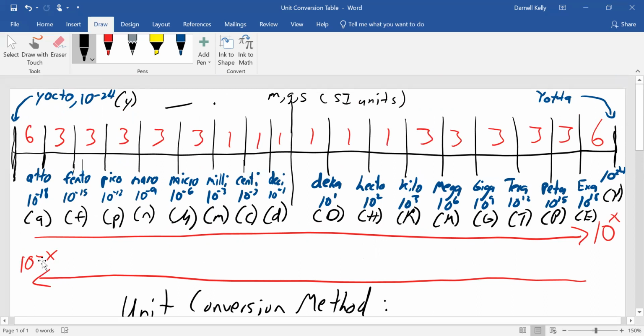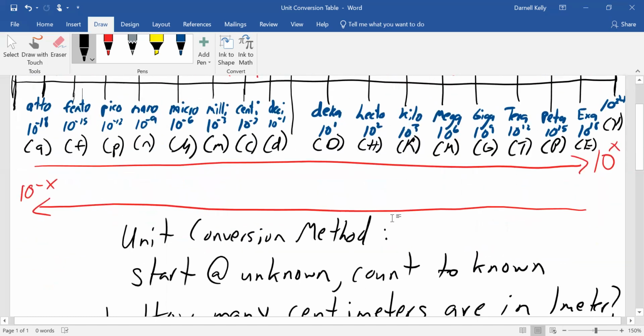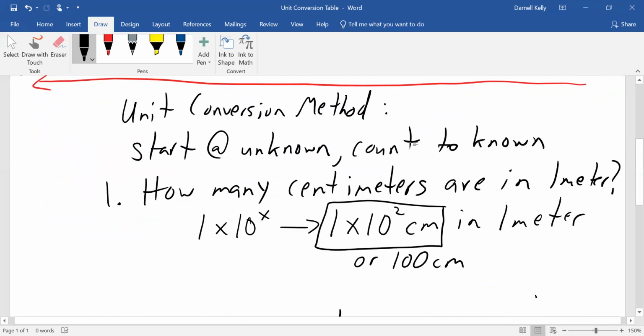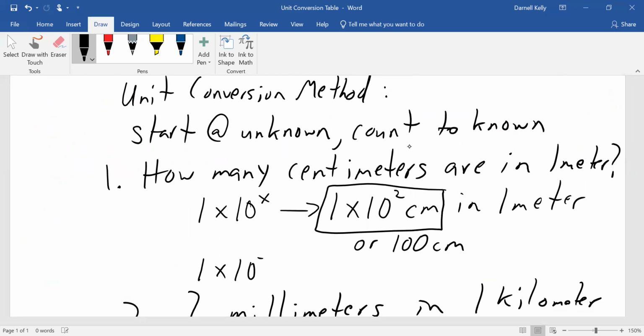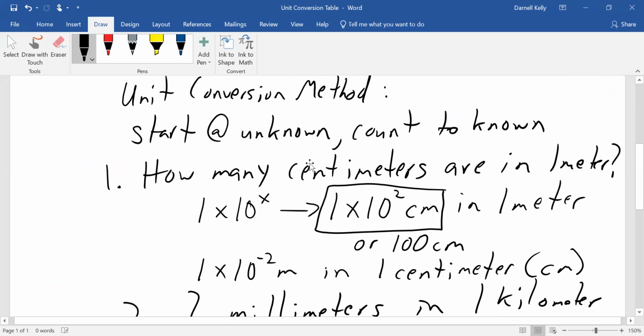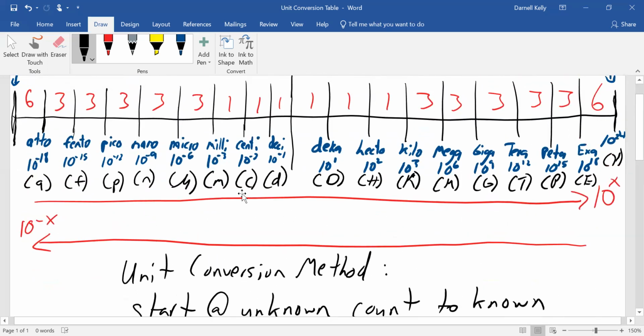Therefore, that would be 10 to the minus 2. So how many meters in 1 centimeter would be 1 times 10 to the minus second meters in 1 centimeter, or for short, cm, or centimeter.